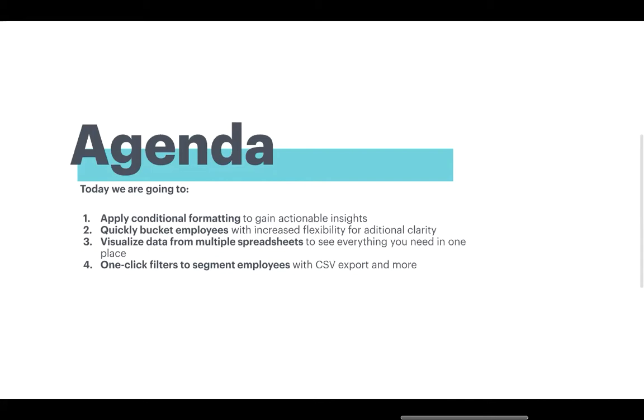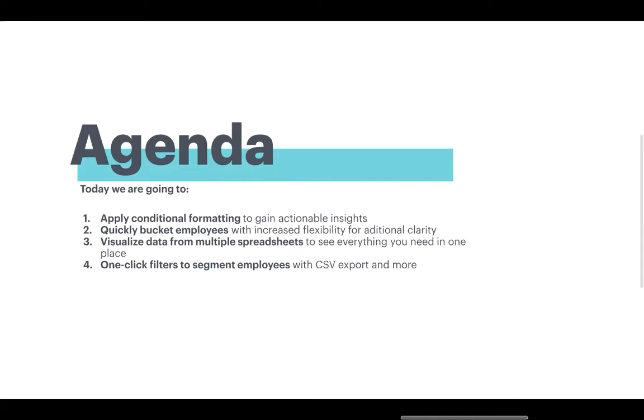We want to see some of the other cool things that you can visualize here in Lucidchart. We're going to talk about first how you can apply conditional formatting to gain some additional insights from your data set. We'll talk about how you can quickly and easily bucket employees with increased flexibility with one of our new features called Group View.